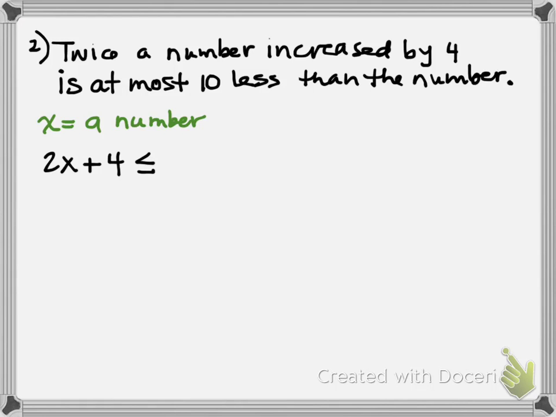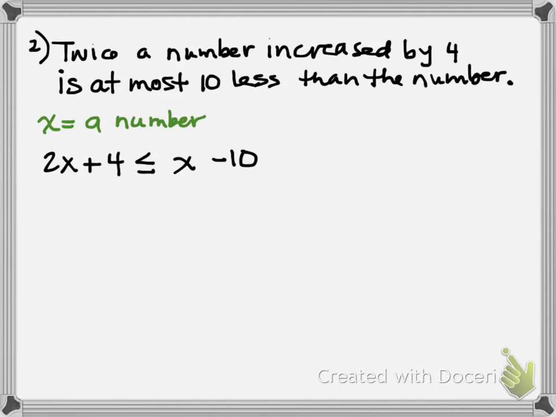So that's my less than or equal to. 10 less than. What does that tell me to do? Subtract 10 from the number, and that would be your x. So notice less than did take on its traditional role to mean just subtract because it didn't say "is less than." That makes it the inequality.